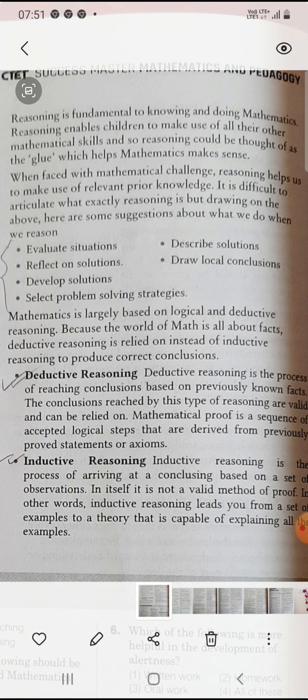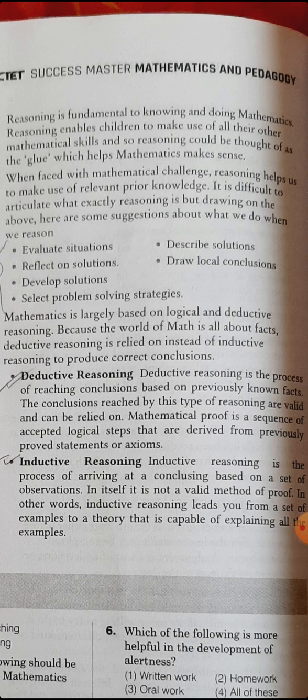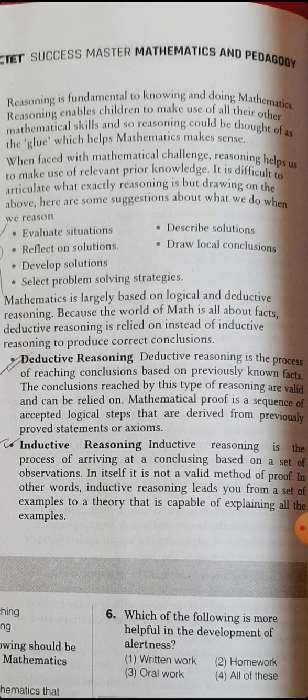Mathematics is largely based on logical and deductive reasoning. Because the world of math is all about facts, deductive reasoning is relied on instead of inductive reasoning to produce correct conclusions.